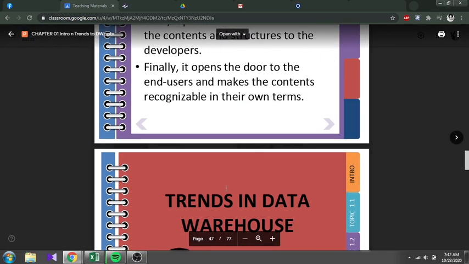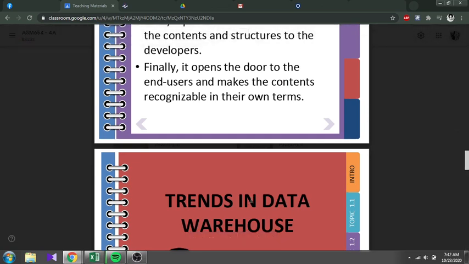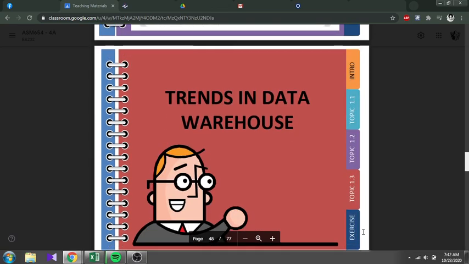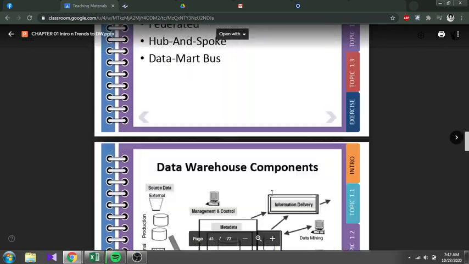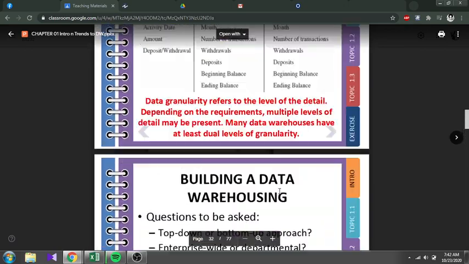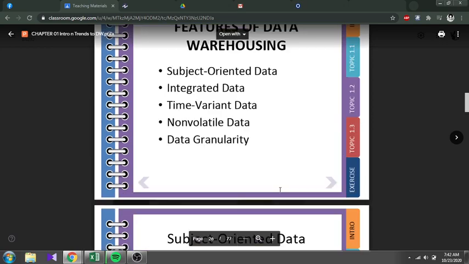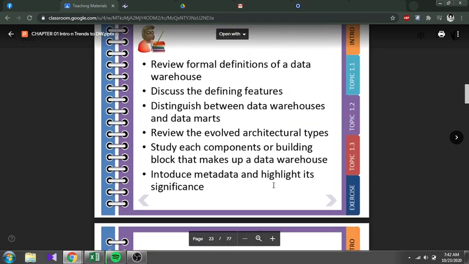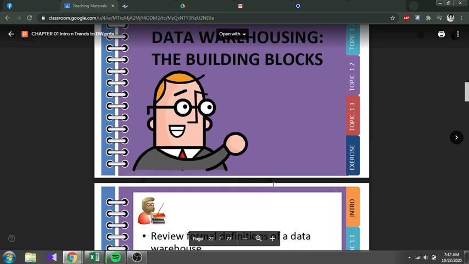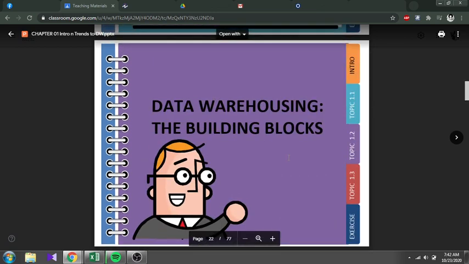Okay, maksudnya dekat sini kita ada lagi 30 slides to go, including the exercise. Okay, done about this data building block kan, betul tak? Make sure you know what the features tu yang paling penting, and the definition of data warehouse, and a little bit on this metadata.